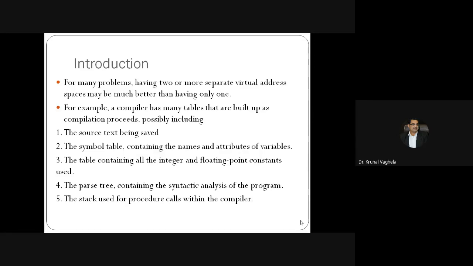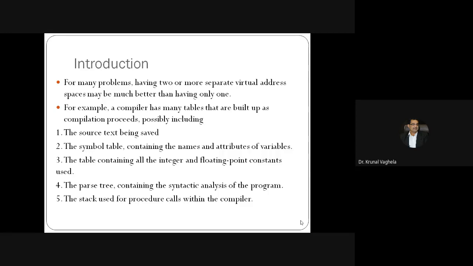The address space which we have seen is just one, 0 to 64K. But rather than having one, what if we have multiple such address spaces? Each of these address spaces is separate from the others, right? And what will be the benefit?